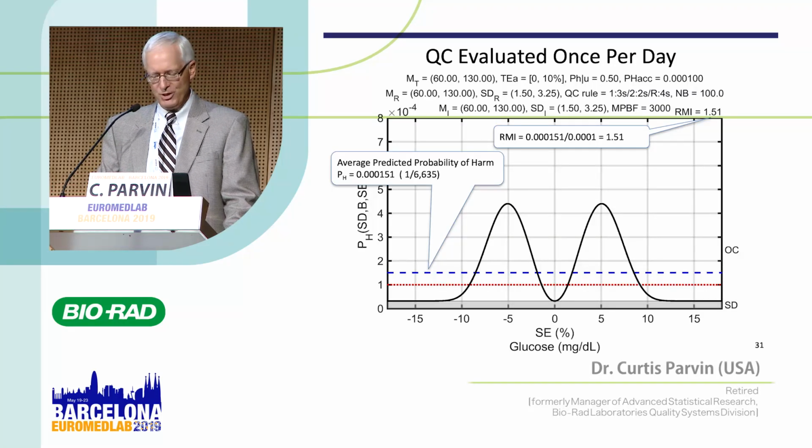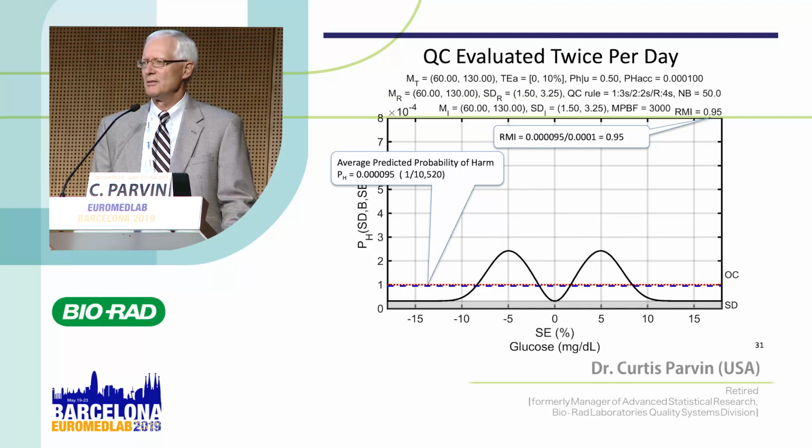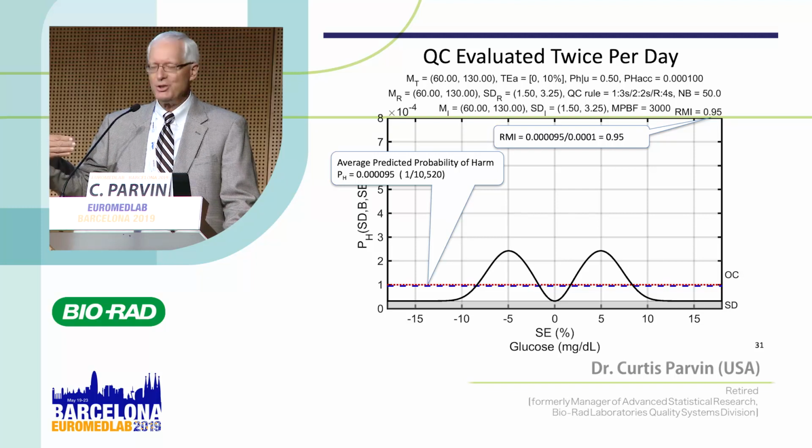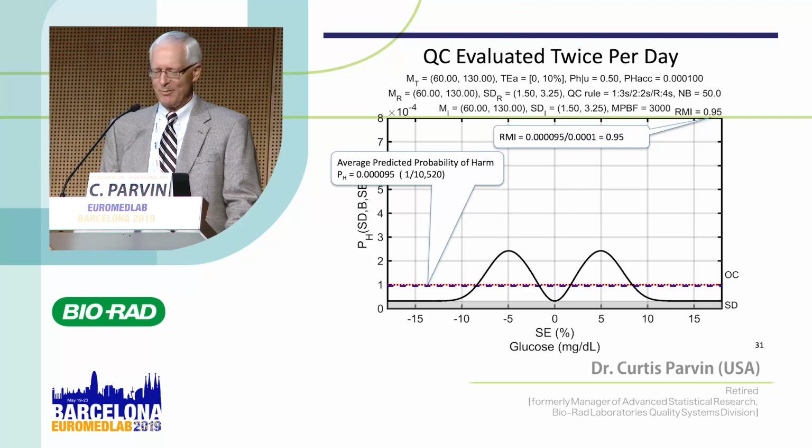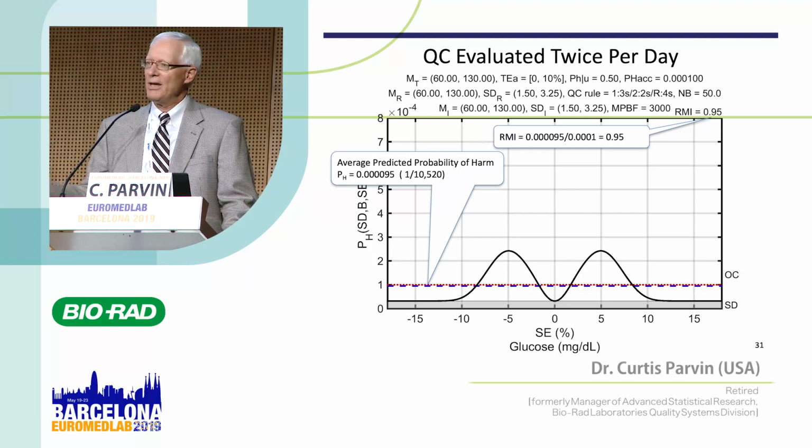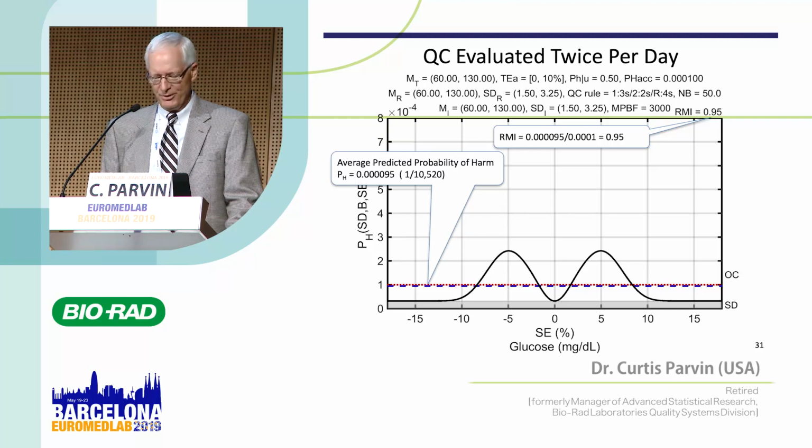If we change to twice per day, it goes to this. So now the average is 0.95, or the ratio of the average to the acceptable is 0.95. So now we have an RMI that's less than 1. Our risk is about 95% of what we consider acceptable.